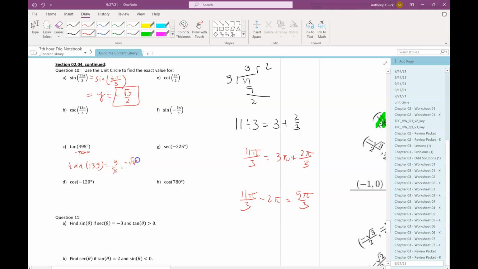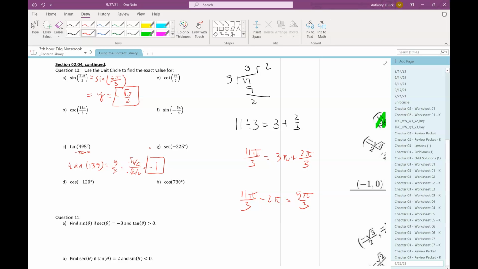So that's negative root 2 over 2 over root 2 over 2, which is just negative 1. Because 495 is greater than 360, you subtract. But for something like negative 225, you'd add 360. Exactly. Get that number and then figure it out.